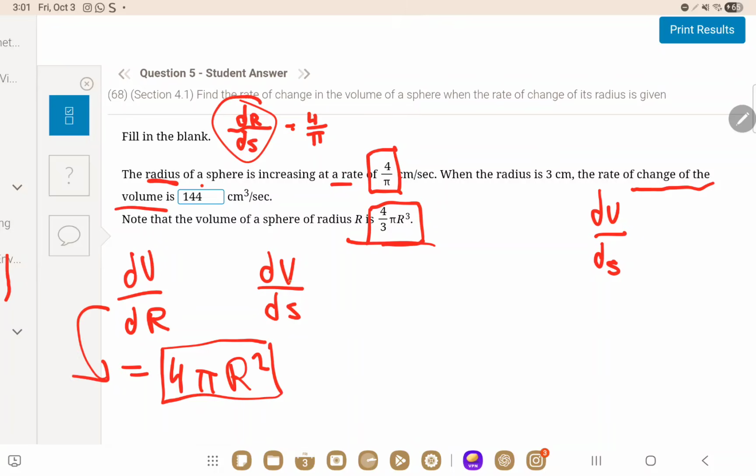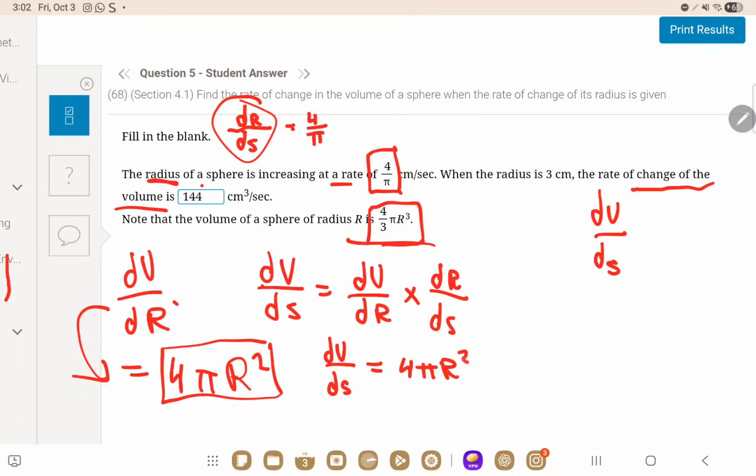So to find dv by ds, it is basically dv by dr times dr by ds, because dr and dr cancel, and then you're left with dv over ds. So dv by ds equals dv by dr, which we found to be 4 pi r squared, times 4 over pi.